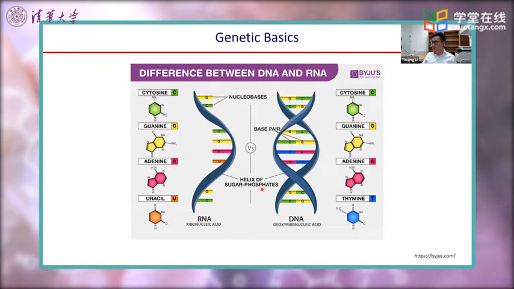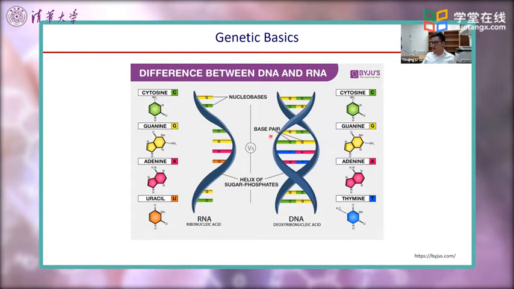And because of this pairing rule, as long as there is one strand of genetic material, be it DNA or RNA, all other strands can be formed by following the base pairing rules. For example, if only this single strand of DNA is present, then by following the GC, AT pairing rules, the other strand can be formed.